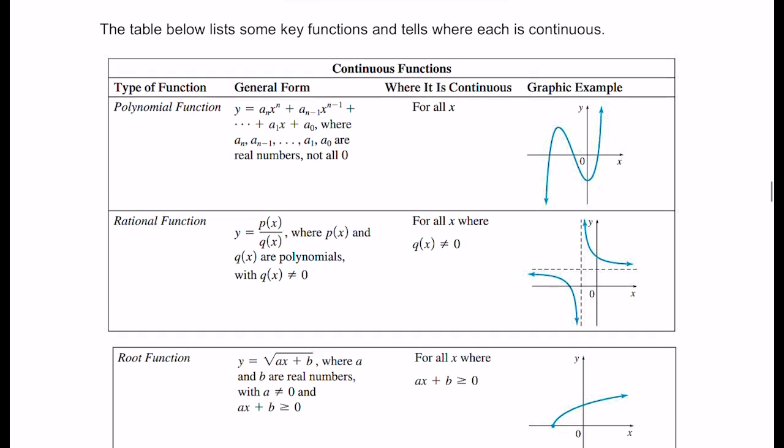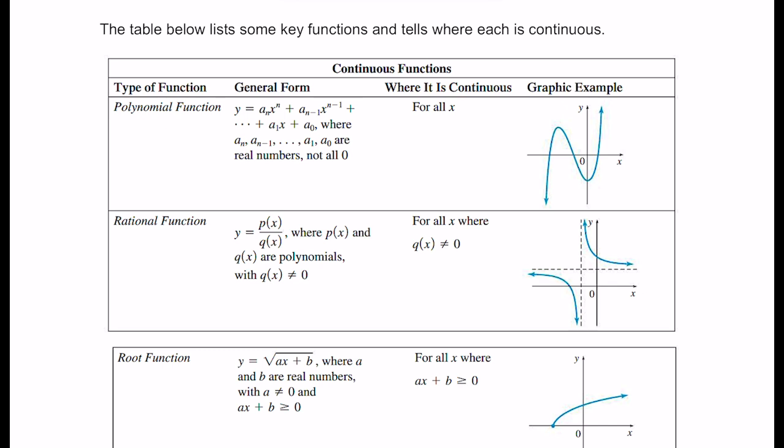This table shows some key functions and tells whether or where each is continuous. For polynomial functions, it's continuous for all x. For rational functions, it's for all x where q of x does not equal 0. When we looked at rational functions, remember we don't want the denominator to equal 0.